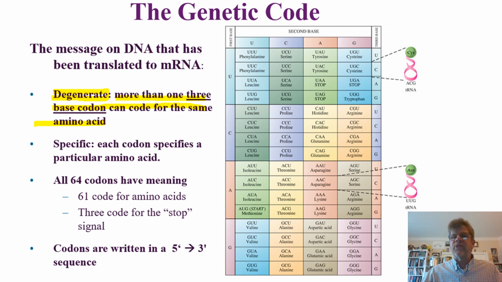Now, importantly, we have 64 boxes here. Every single one of them has meaning. All 64 codons are possible: taking 4 nitrogenous bases and putting them in all possible permutations comes up with the number 64. Well, 61 of them code for amino acids, sometimes in a degenerate fashion where more than one 3-base codon can code for the same amino acid, but there are 3 others.